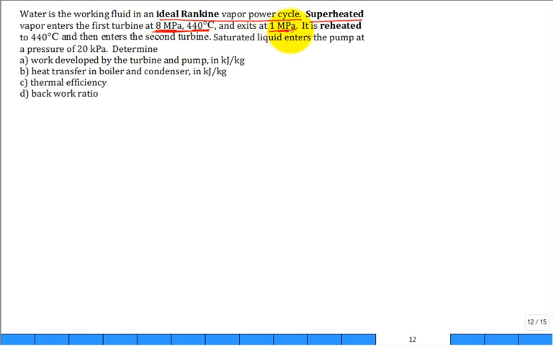It exits at the intermediate pressure of 1 megapascal. Then it's reheated to 440, then it enters the second turbine and exits at the condenser pressure of 20 kilopascal. Then it's going to enter the pump, leaving the condenser as saturated liquid at 20 kilopascal, and go on.